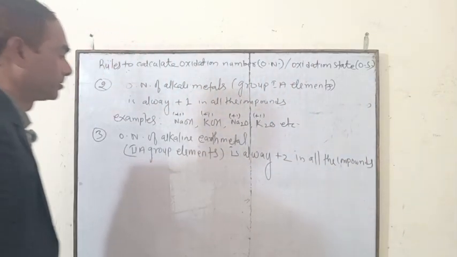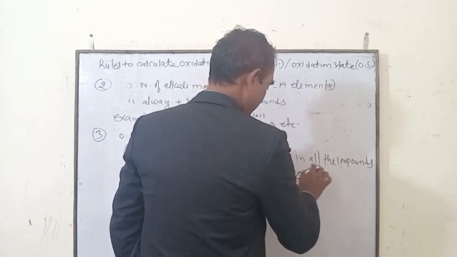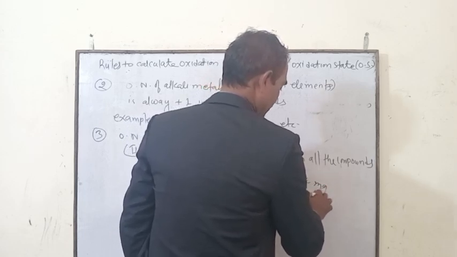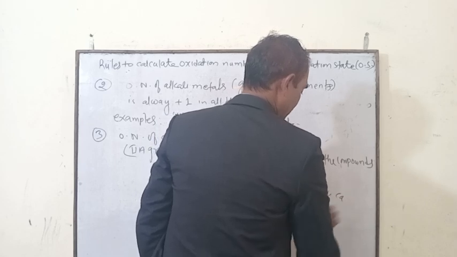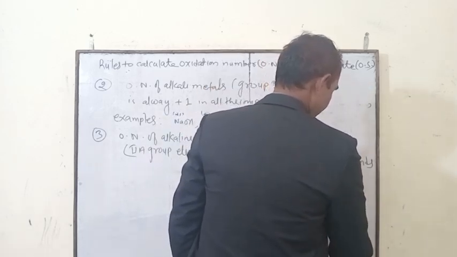Second A group elements means beryllium, magnesium, calcium, strontium, etc.